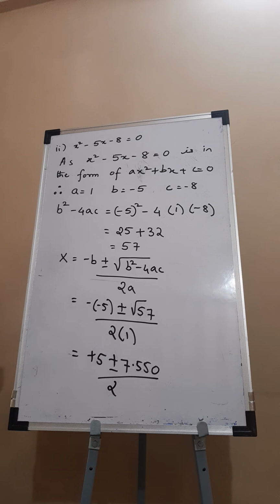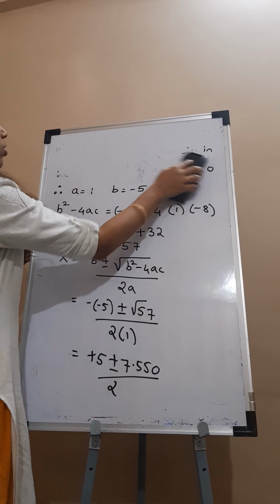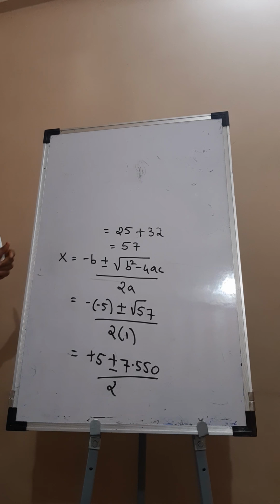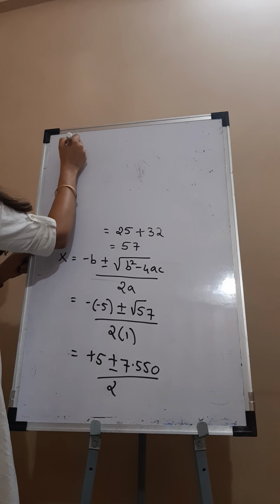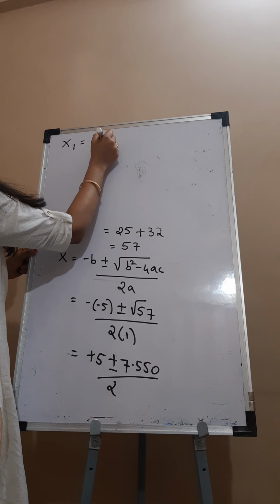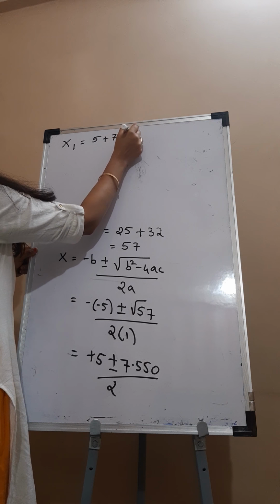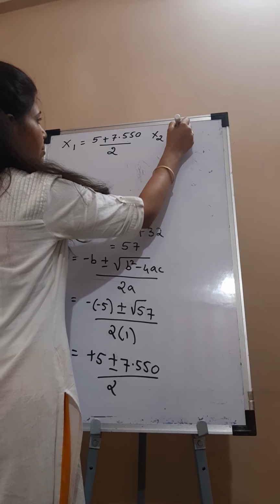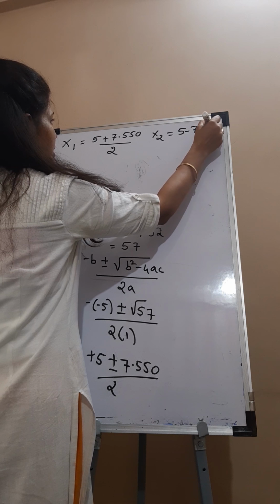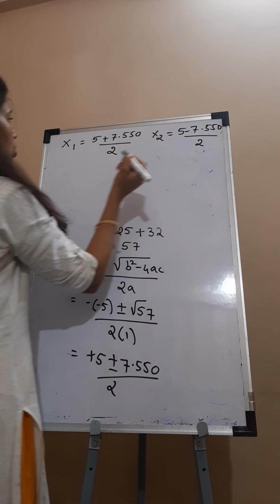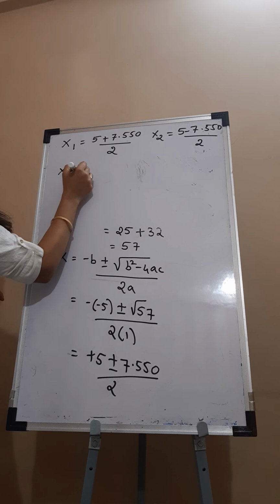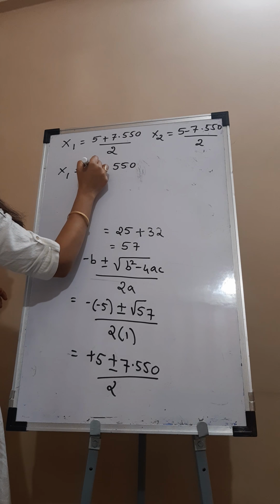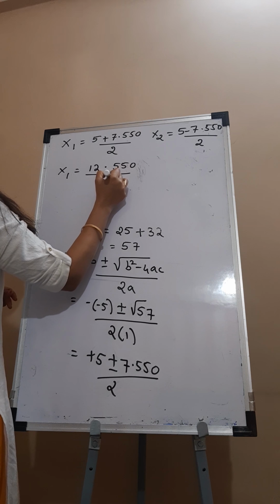So you will be writing x1 is equal to 5 plus 7.550 upon 2 and x2 is equal to 5 minus 7.550 upon 2. So that is x1 is equal to 5.12 upon 2.